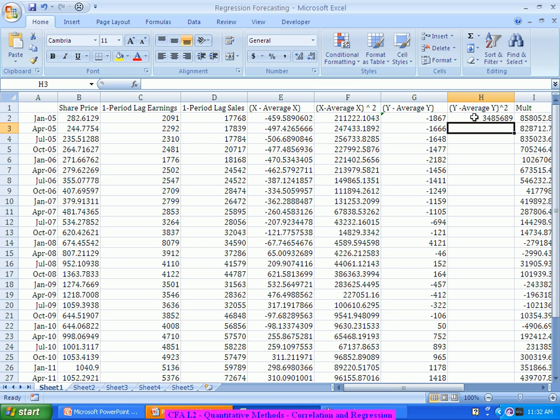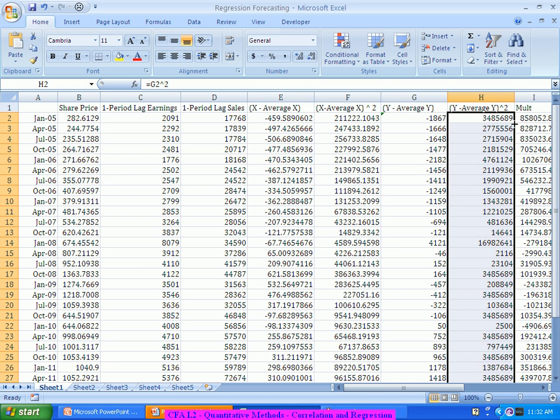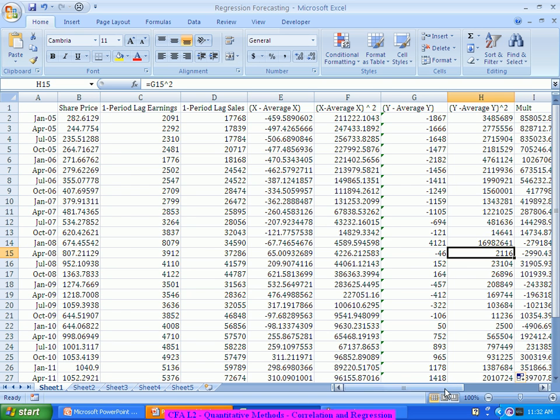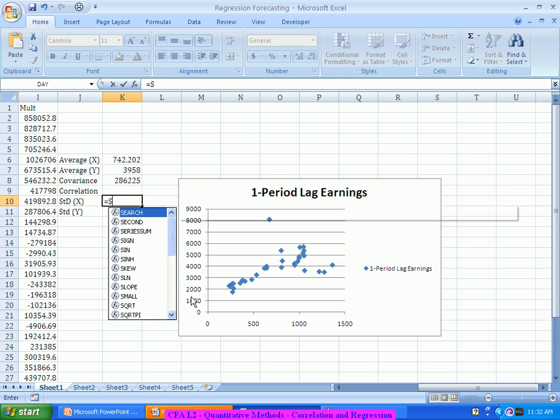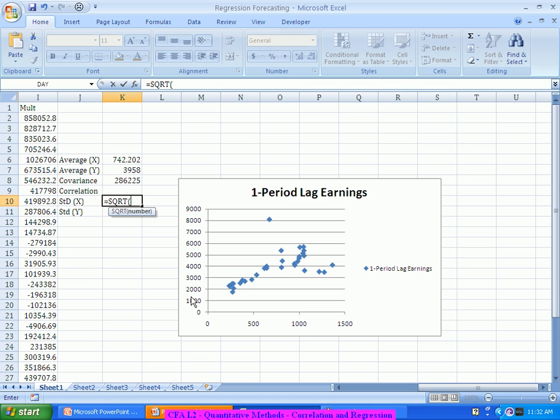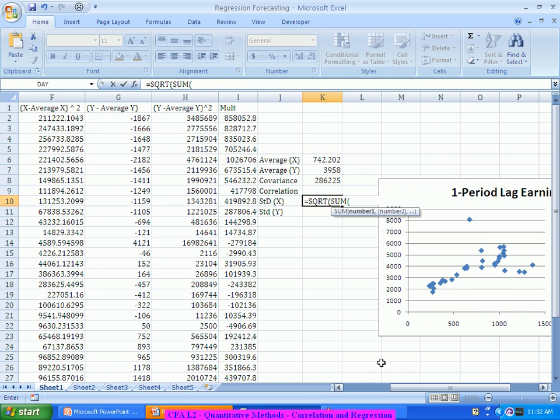All right. Now my standard deviation is nothing but the sum of x minus x bar squared added up divided by n minus 1. So here I am taking the square root of the summation of x minus x bar squared divided by n minus 1, which is 31 again in our case.